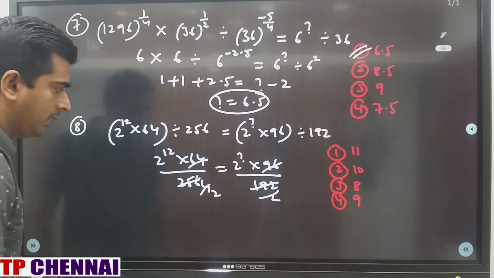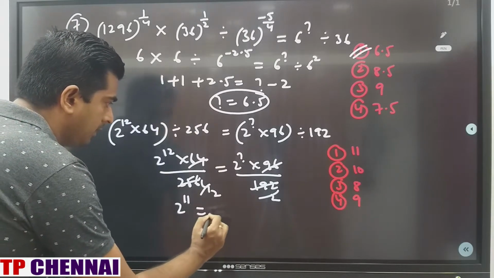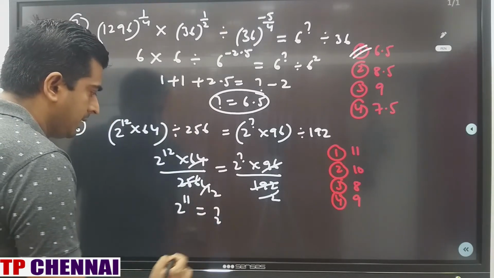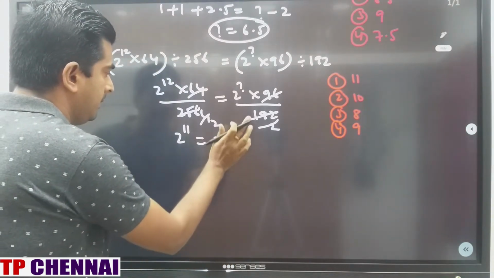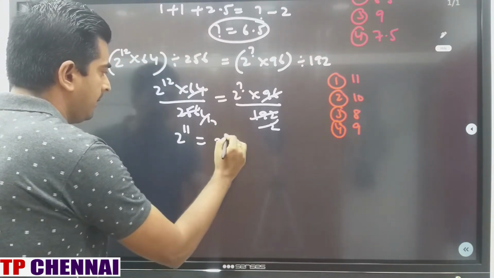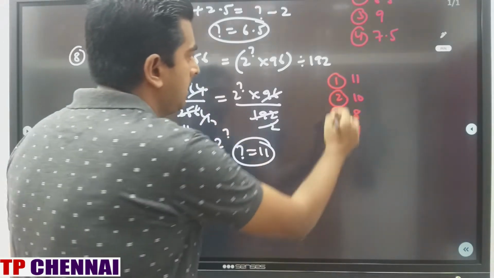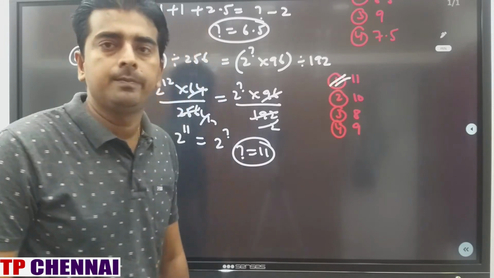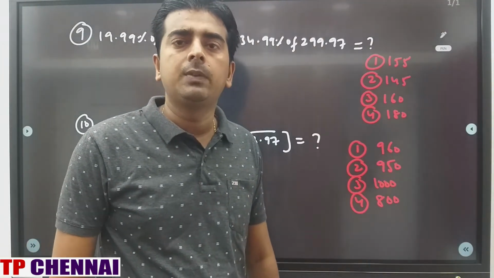So 2 power 12 divided by 2 is 2 power 11 is equal to 2 power question mark. So question mark is equal to, right, 11. My answer is nothing but first option. So I hope you are clear with 8th one. Now last two questions we will see from approximation.